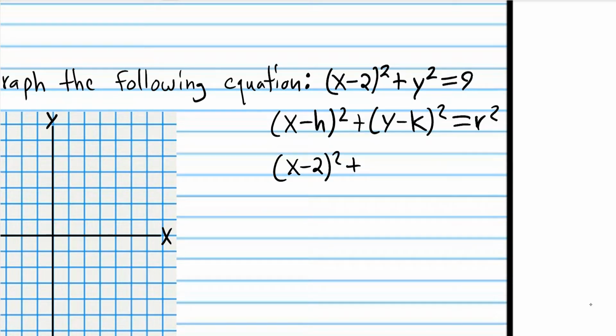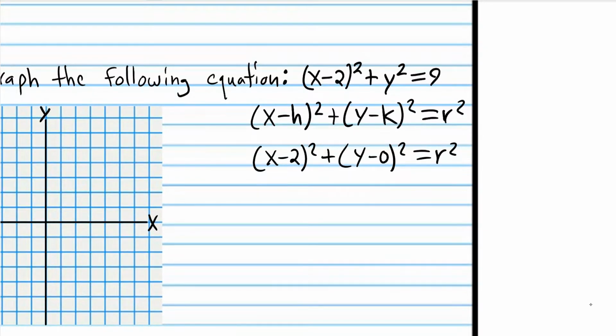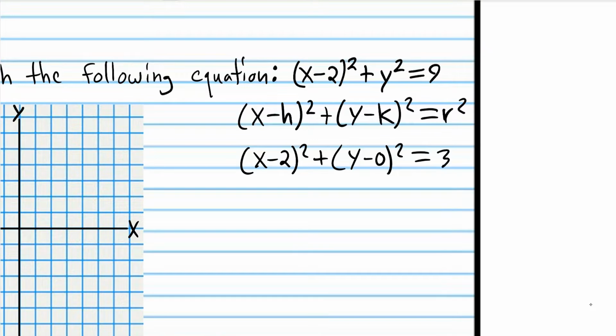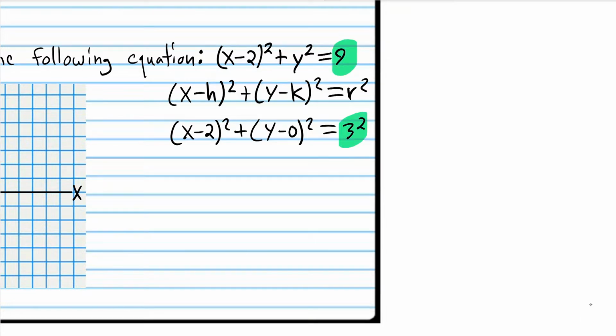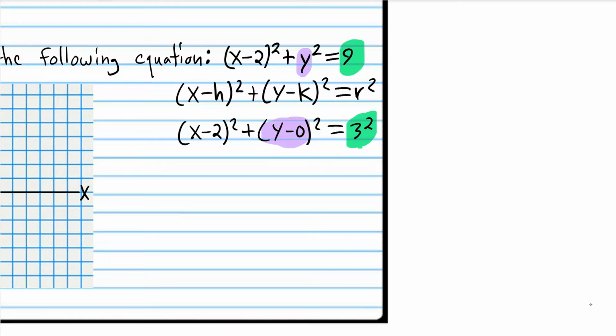There's a lot of different ways that you could do this. Now y squared, I could write that as y minus 0 squared, and I'm just going to do that. I know that's kind of confusing. Whoops, that should be 9. I want to write it as 3 squared. So I changed some things. I changed the 9 to 3 squared, and I changed the y to y minus 0.